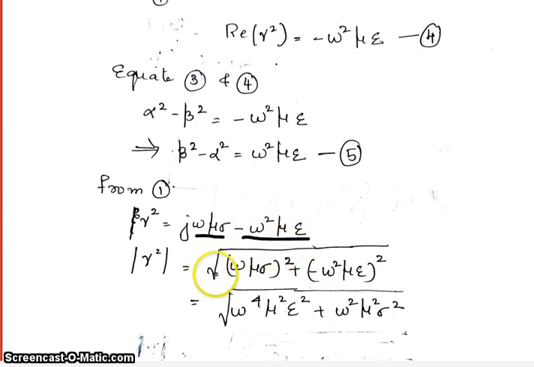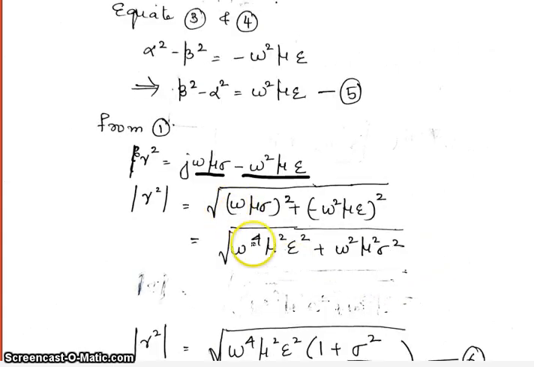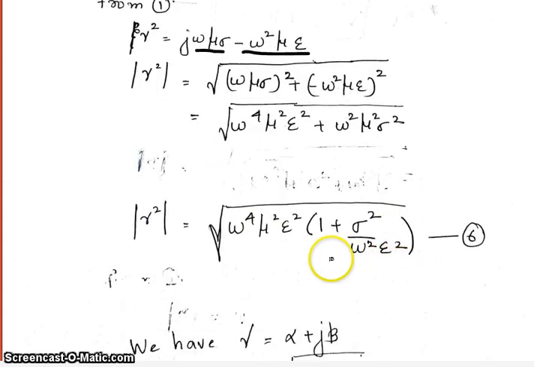That is written here: square root of omega mu sigma the whole square plus minus omega square mu epsilon the whole square. I am expanding it. Then in this step I have taken omega raised to 4 mu square epsilon square outside and slightly rearranged the expression as 1 plus sigma square by omega square epsilon square, which is equation 6.